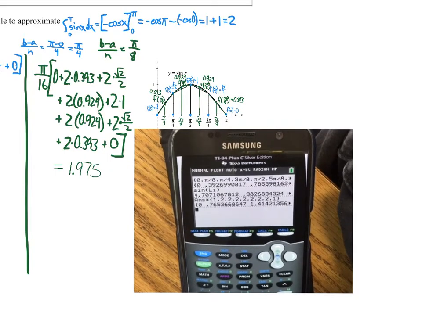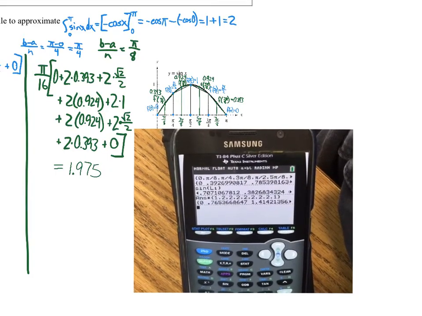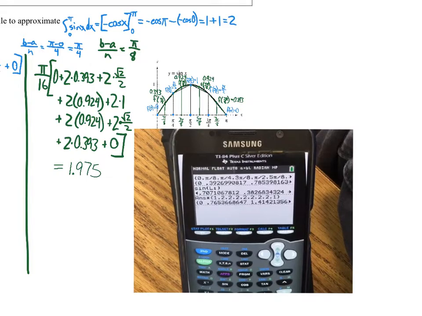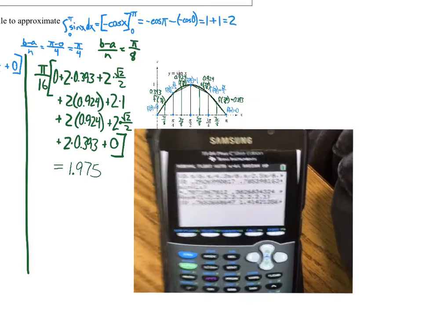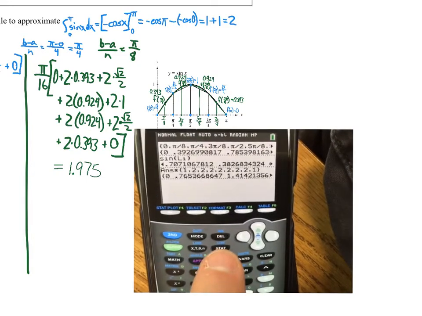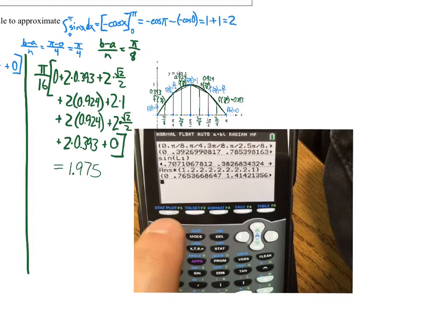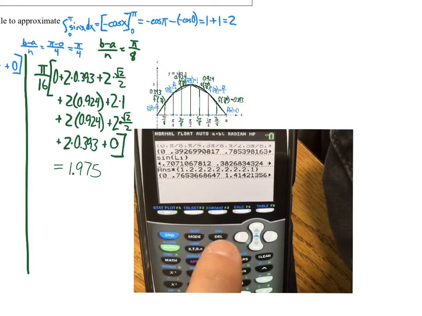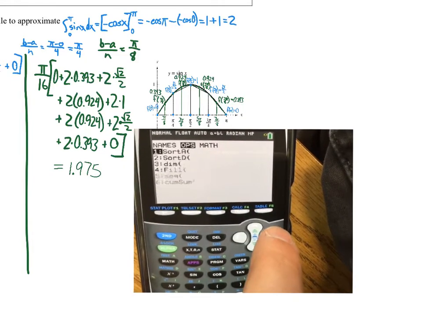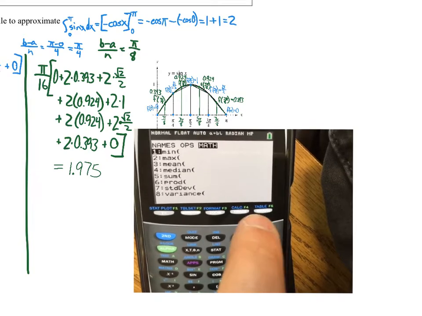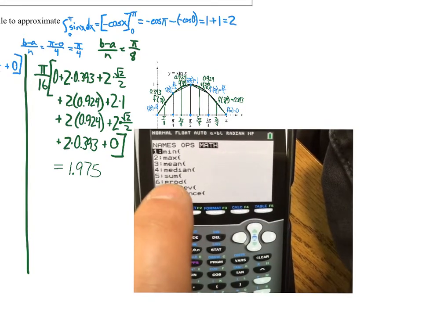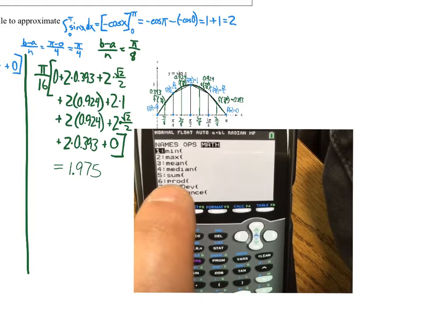All right, so now you have all the values that you need, and what do you need to do with all these? Enter. Oh, store. Sorry. Now, what do we have to do in the parentheses? We've got to add them all up. So if you go into your list menu above stat, I hit second list and hit the right arrow over to math and look at number 5. Number 5 is the sum.